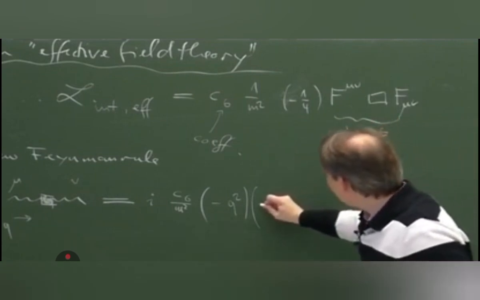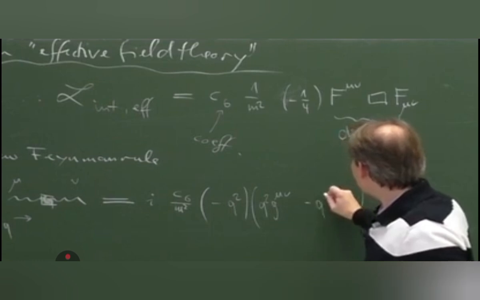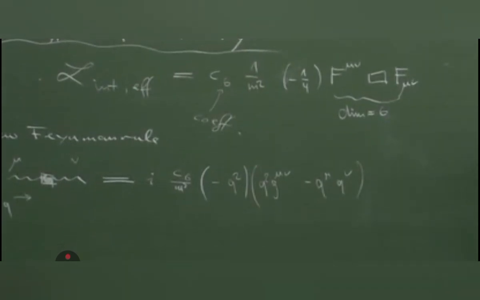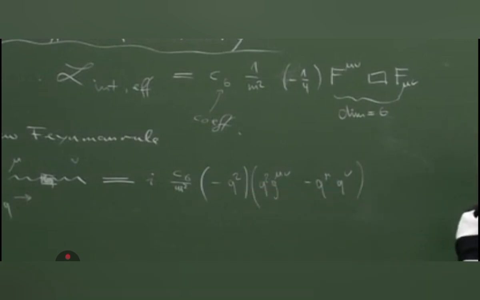So if you work out the derivatives, you get q square g mu nu minus q mu q nu. This is this transverse projection operator that we have often encountered. And that is the Feynman rule. So the Feynman rule is a polynomial of 4th order in the momentum. And it is transverse.